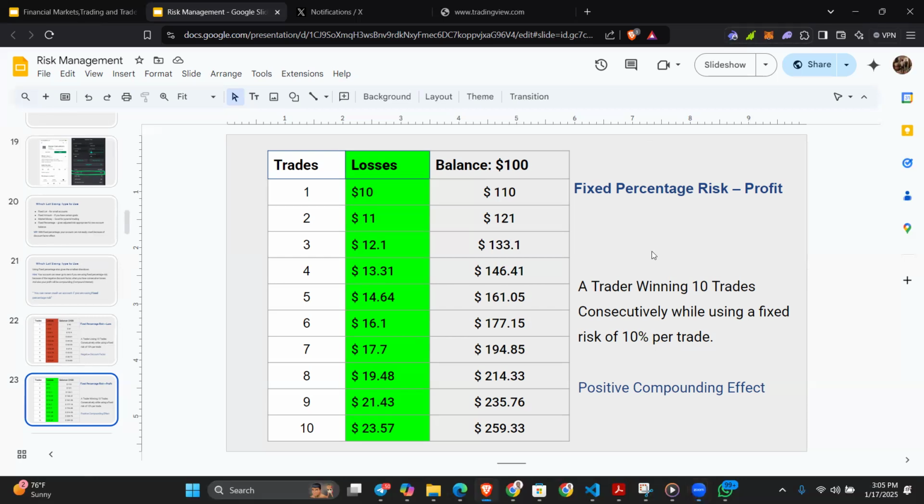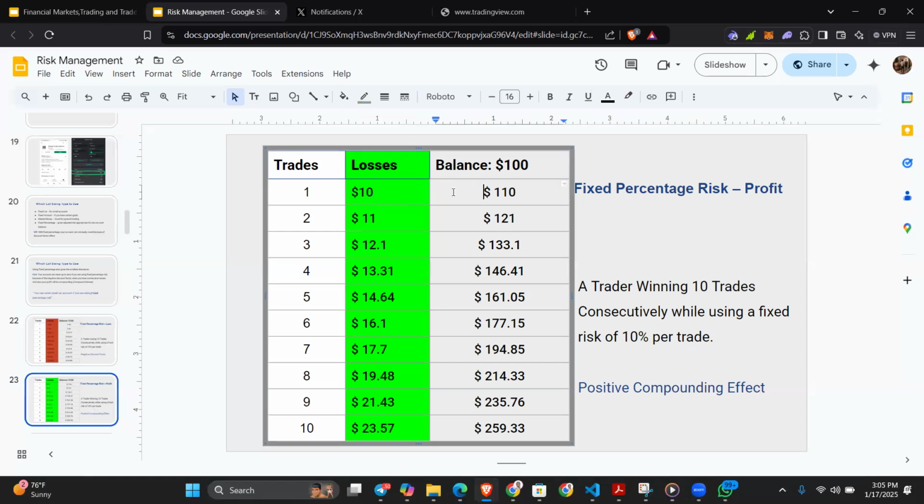Since he's risking 10% of his account per trade, in the first trade, he made 10%, which is 110. The second trade, he made another 10% of this 110, which is 11, totaling it to 121.